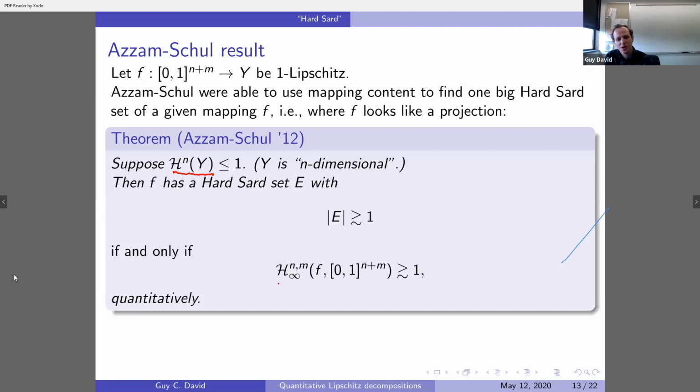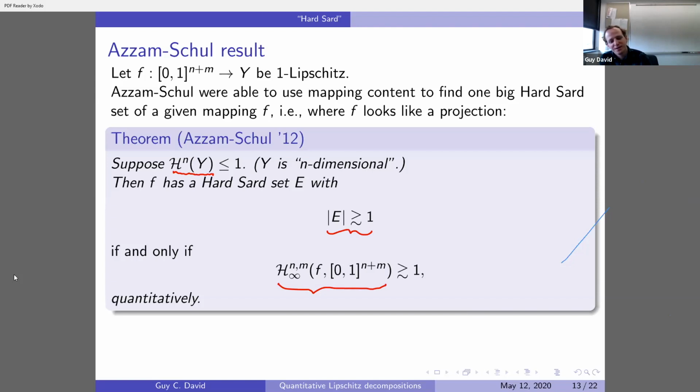Okay? And in fact, there's a quantitative relationship. So how big the Hard-Sard set is that you can find is related to how big this quantity is in a controlled way. So Azam and Schul showed finding one set where your mapping looks like a projection is equivalent to this quantity being positive.